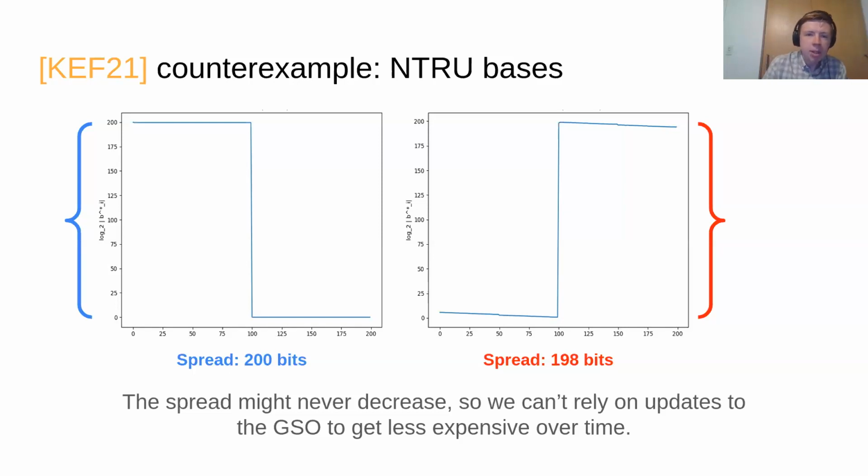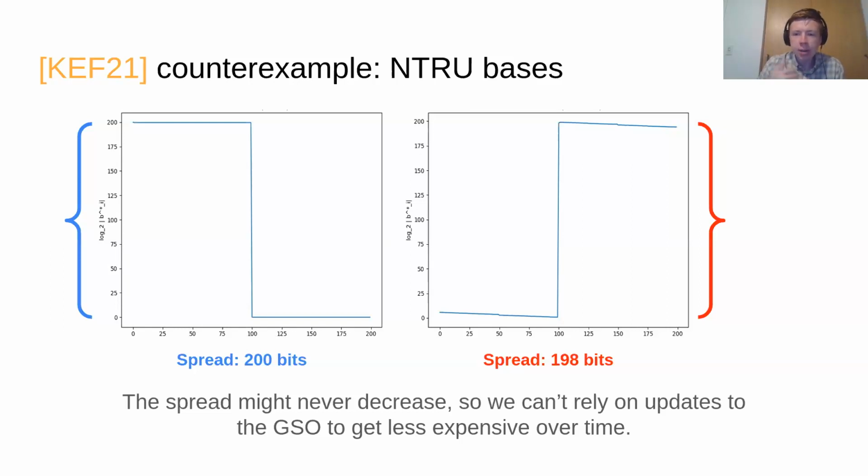So we see that the input profile here has a spread of 200 bits because that's the distance between the maximum and the minimum. But the output basis also has a spread of around 200 bits. So that means that we need 200 bits of precision for each entry in the input and 200 bits in the output. So the precision doesn't actually decrease over time.